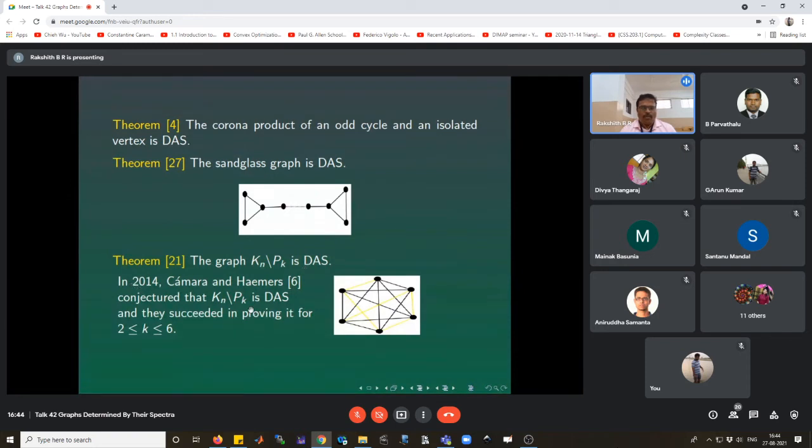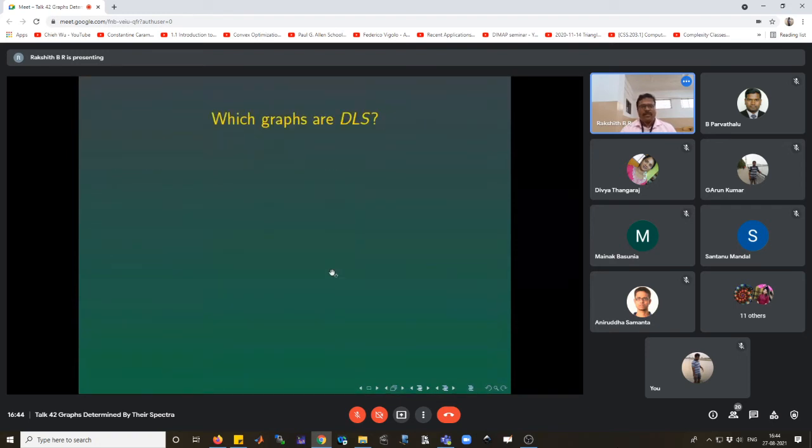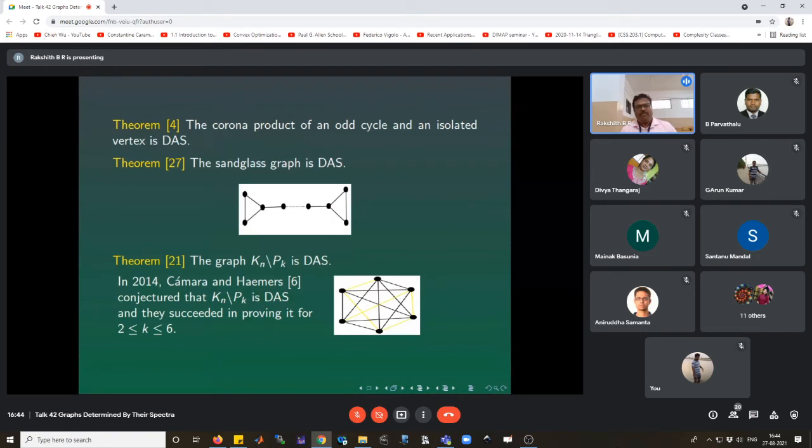Earlier it was proved only for paths of order 2 to 6, and very recently, I think in 2020, the authors proved that if you remove any path of any order less than or equal to n, it is also determined by the adjacency spectrum. So there are many graphs in the literature regarding the adjacency spectrum which are determined by it.